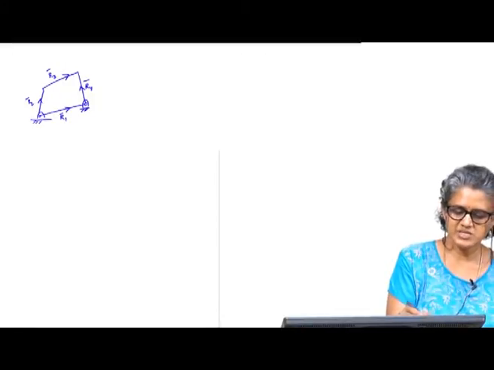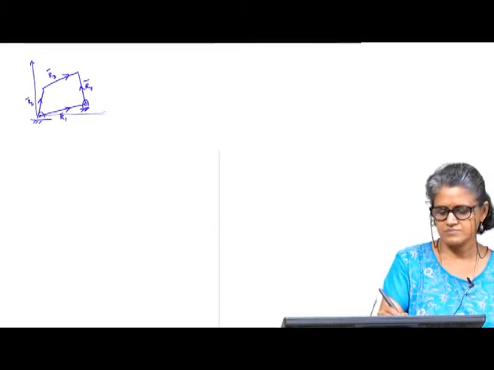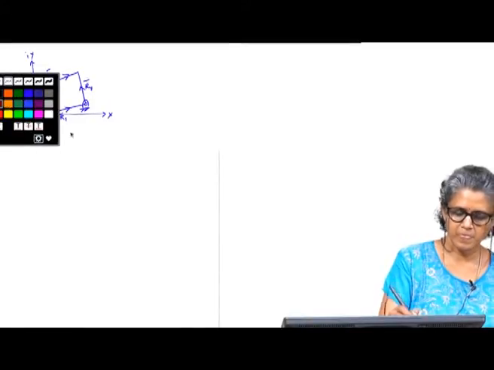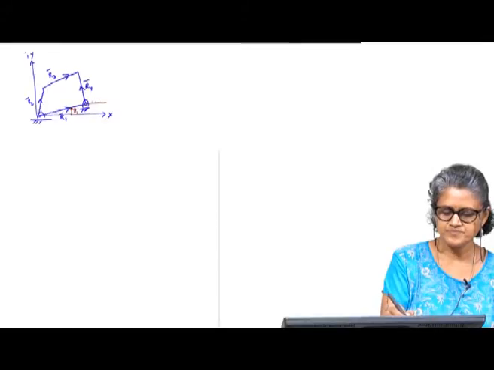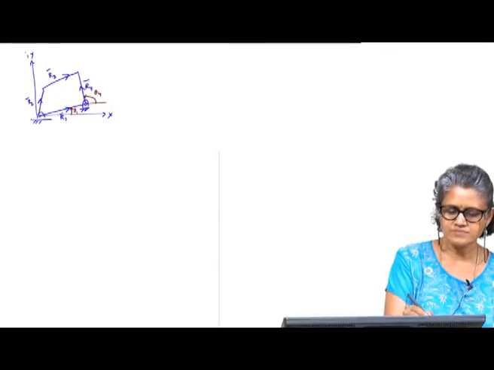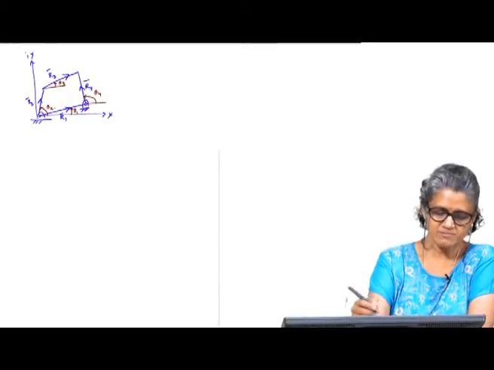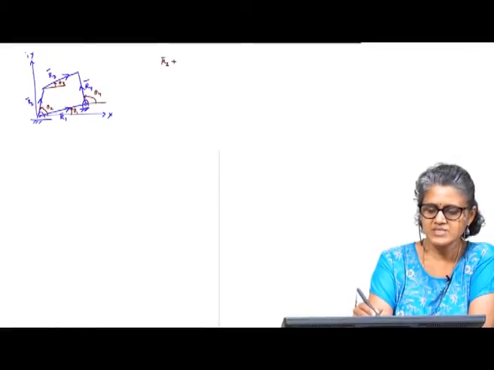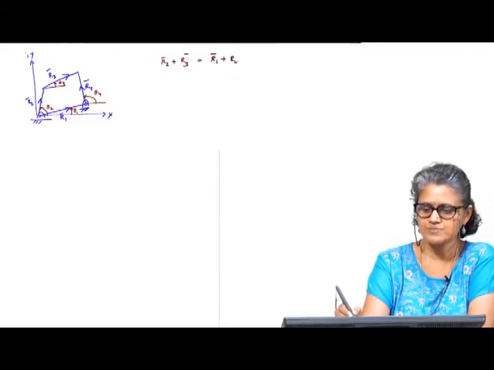So, we measure the angles with respect to the x axis. This would be theta 1, measured at the root of the vector, then theta 4, theta 3 and theta 2. My loop closure equation for the way I have taken these is R2 plus R3 is equal to R1 plus R4.